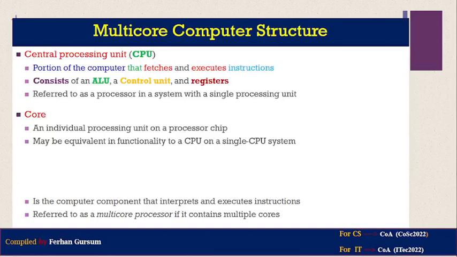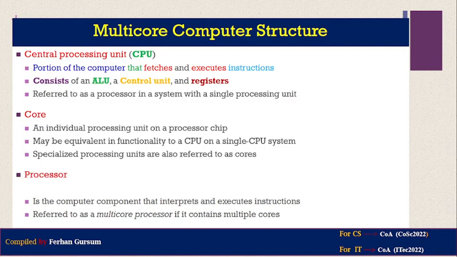On a single CPU system, specialized processing units are also referred to as cores. Processor, when we say, it is what? A physical piece of silicon containing one or more cores is called a processor. Okay?